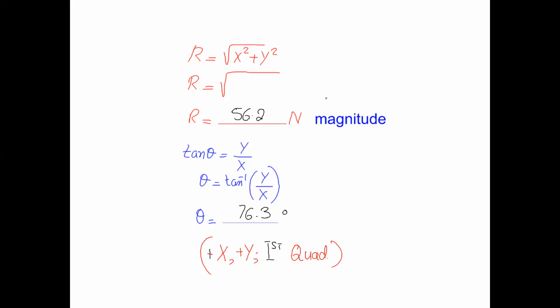So the angle is matching. Are you having the same answers? Yes, sir. And look at the values of X and Y. They both are plus. X and Y, yes, sir. They're both with plus, so the resultant force is in quadrant one.